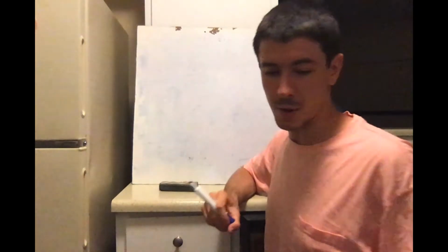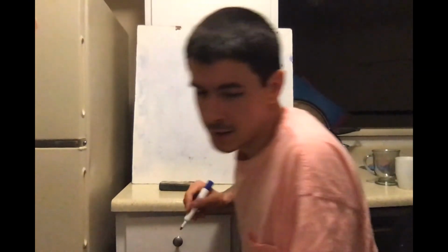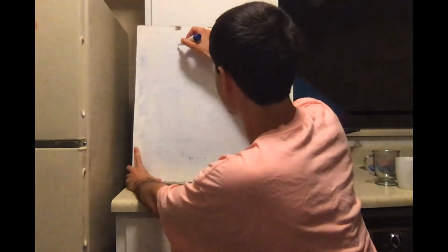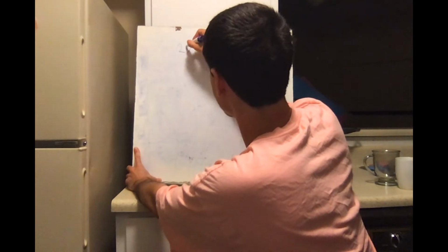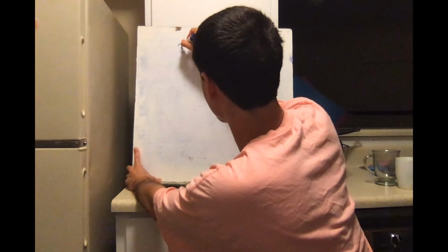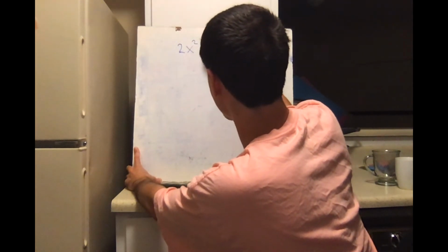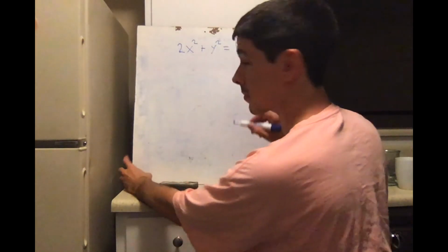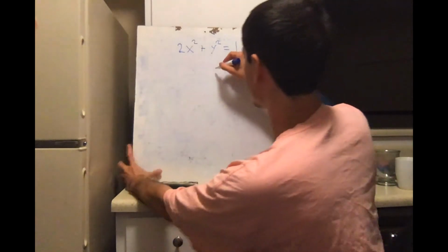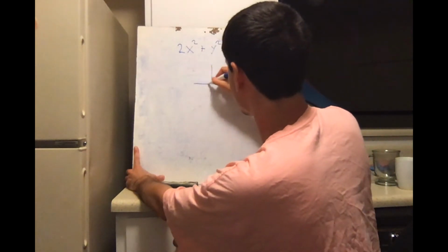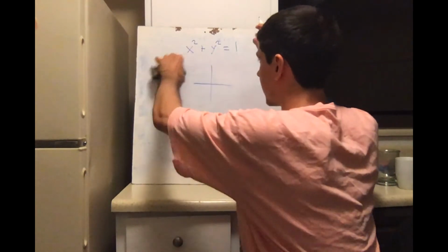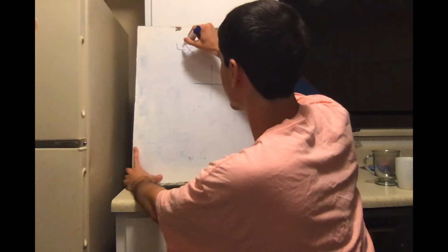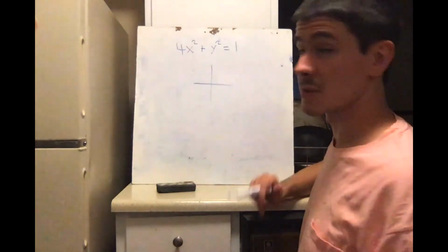And so say you have the ellipse 2x squared plus y squared equals 1. Sorry, 4x squared. The one I want to do is this one, 4x squared plus y squared equals 1.